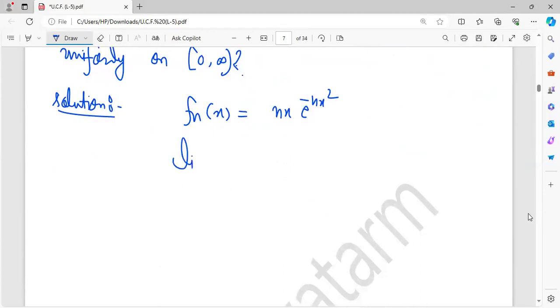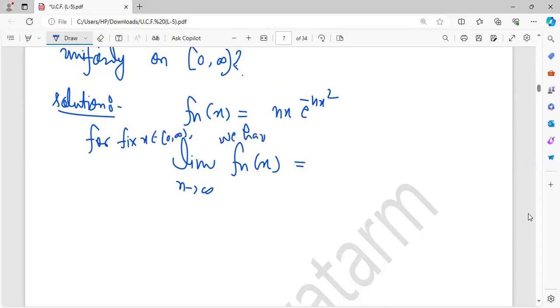So what is the limit as n tends to infinity of Fn x, for every x belongs to 0 to infinity? We have the limit of nx upon e to the power nx square.